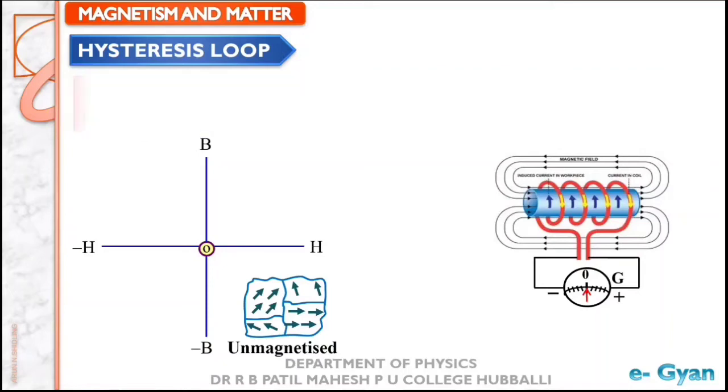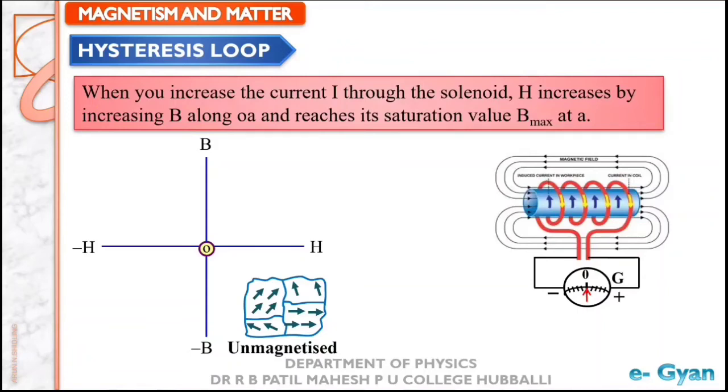Once we apply the magnetizing force by increasing the current, H will increase, and B also increases in the material because the material gets magnetized.